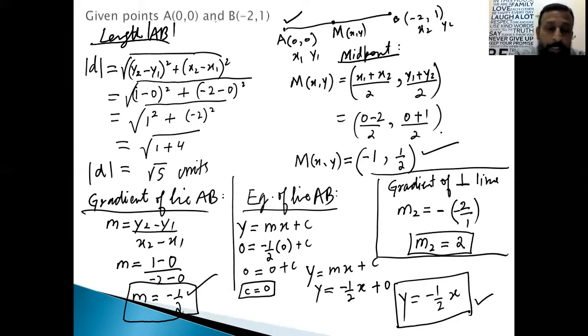Then we calculated the gradient of the line AB. Then we calculated the equation of the line AB. And finally, we found the gradient of the perpendicular line, m2, by making it a negative reciprocal, as m2 equals 2 was our answer. So I hope your concepts are all clear now. Let's move on to the next question.